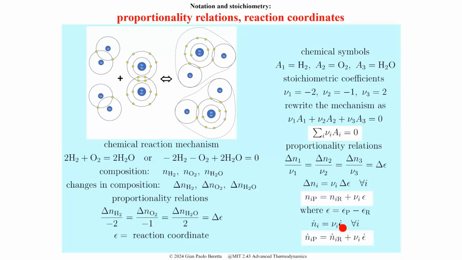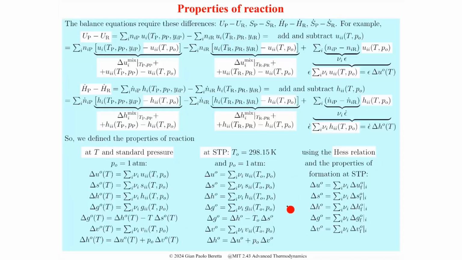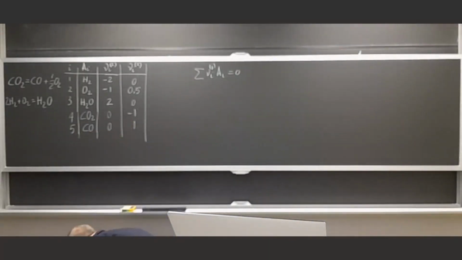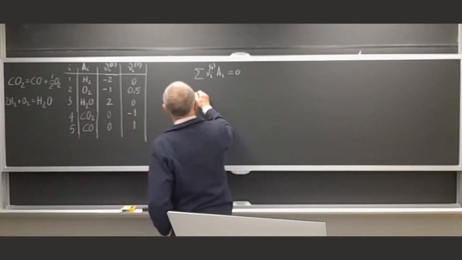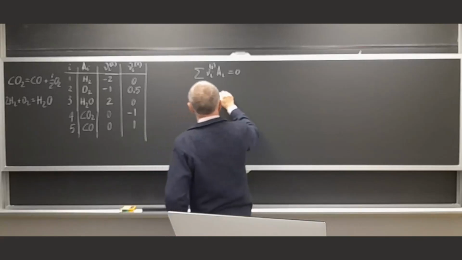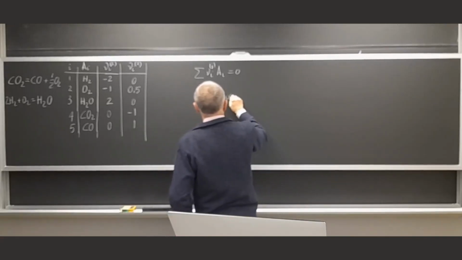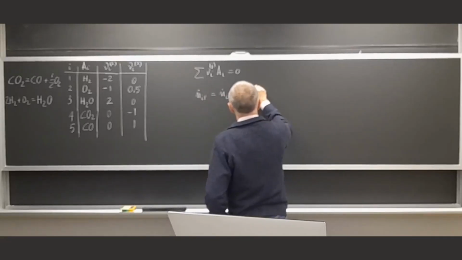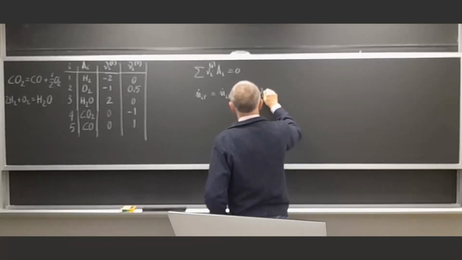In fact, do I have it in the next slide? No. So in fact, we have n dot i,p is equal to n dot i,r plus, okay, if you have only one reaction, the summation of epsilon dot times nu i.